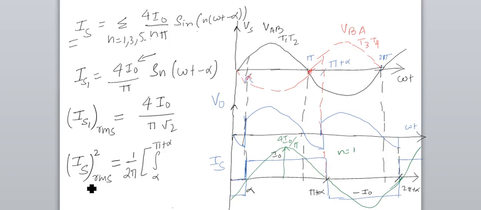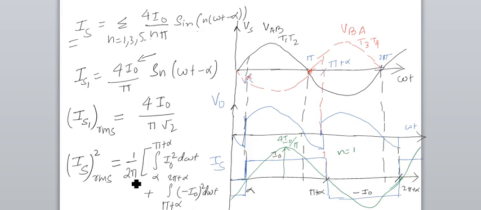I am taking the RMS value. So I naught square d omega t, plus from pi plus alpha to 2 pi plus alpha, minus I naught square d omega t.